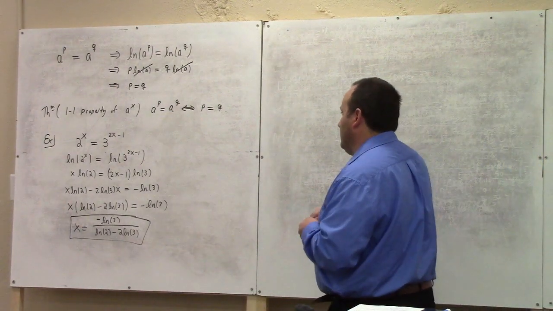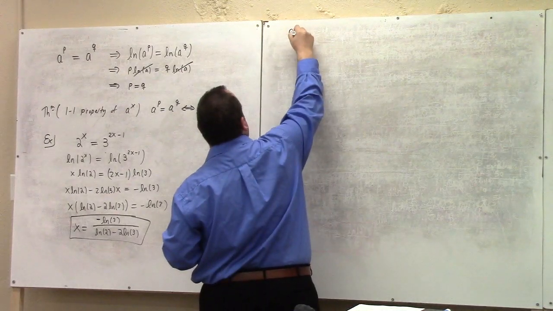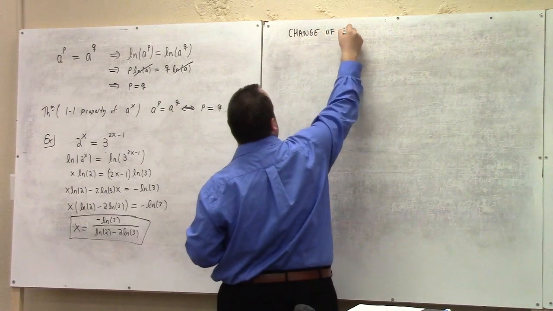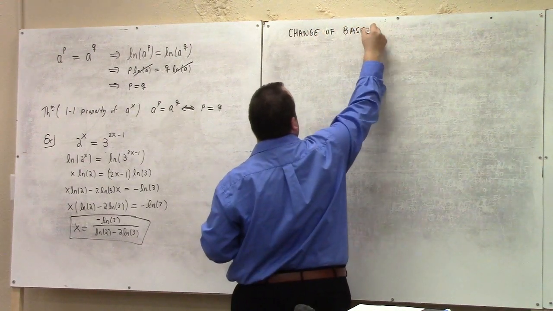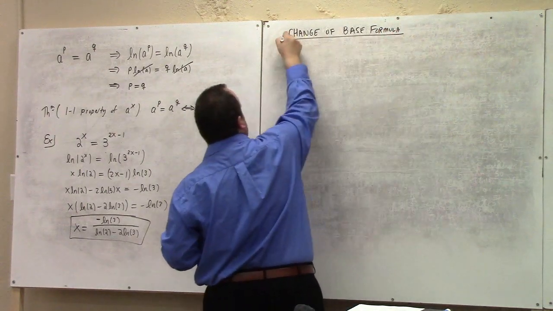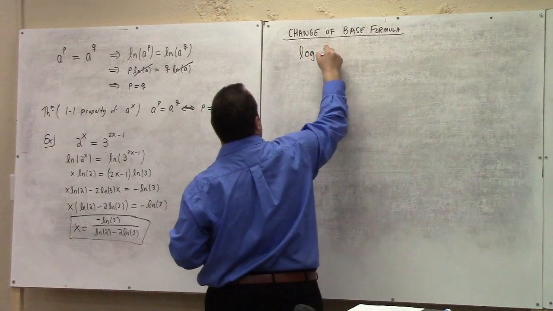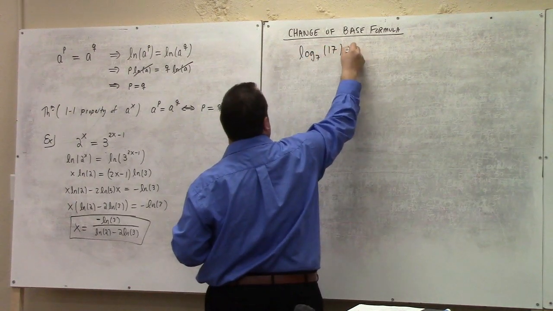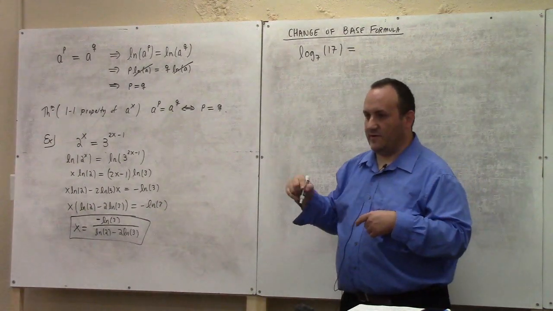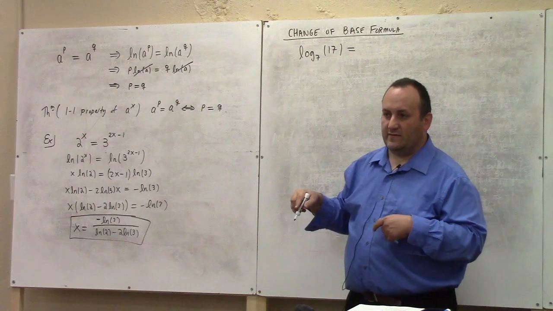Now, there is another thing we should talk about, which is the so-called change of base formula. So suppose you wanted to calculate log base 7 of 17. Does anybody have your calculator out? Can you find log base 7 on there?